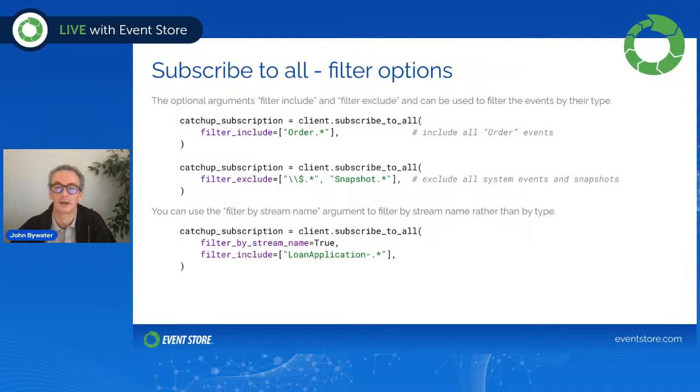They work in exactly the same way. You can just give them patterns here or just complete strings, and they will be matched precisely, including or excluding according to your choice. And by default, it matches on event types, and you can tell it to match on stream names instead.